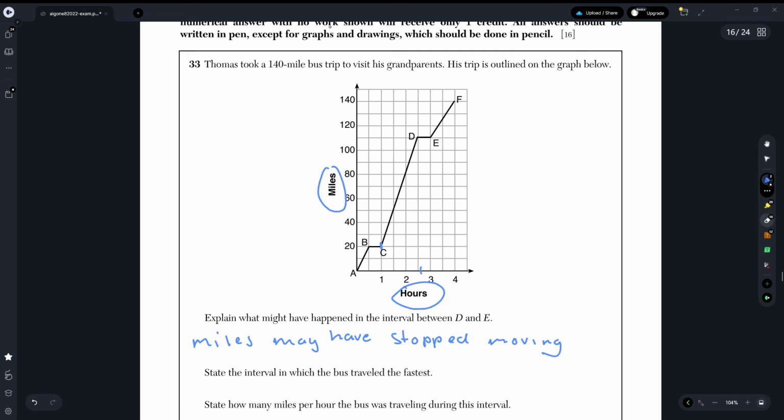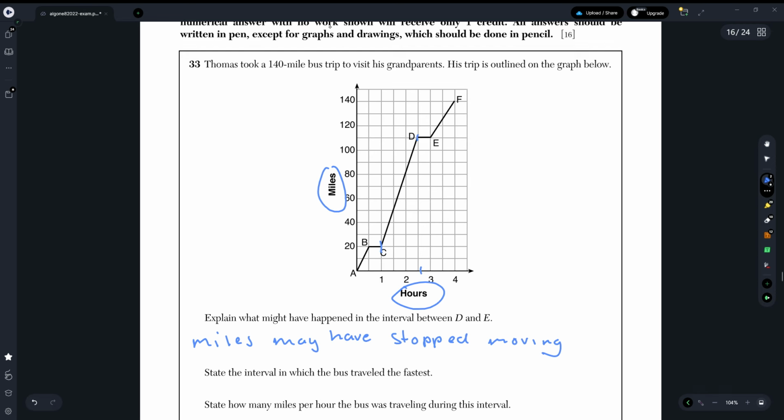If you look at this graph, honestly, you could save yourself some time and eyeball it. E to F is going to be way flatter than C to D, right? And if we look at C to D and A to B, I think C to D is steeper, right?